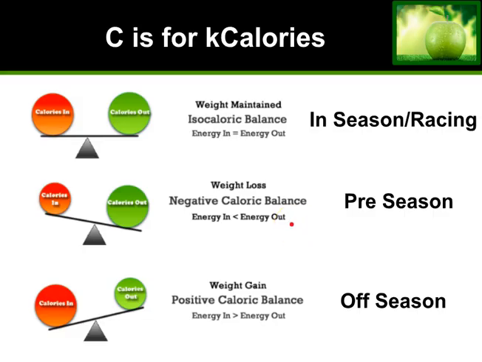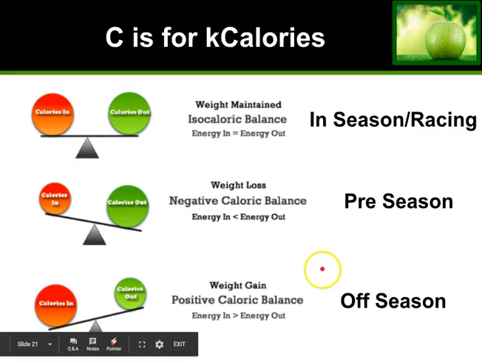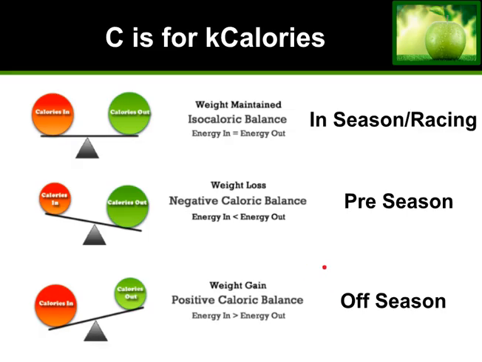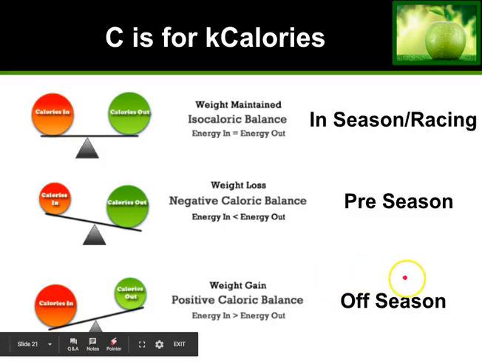And finally, during the off season or at the end of the season, often it's important for athletes to take in more calories than they need to gain a little weight during the off season to make sure that they're healthy and ready to go in the new year.